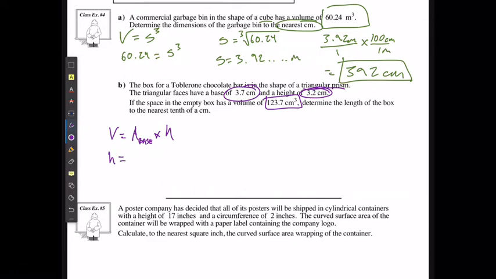The height is going to be the volume divided by the area of the base. The volume we know, 123.7, divided by the area of the base, which is going to be 1/2 of 3.7 times 3.2.